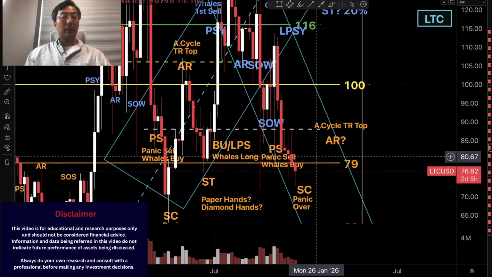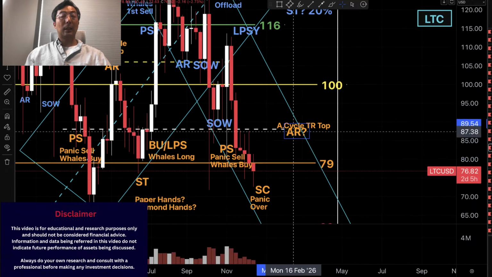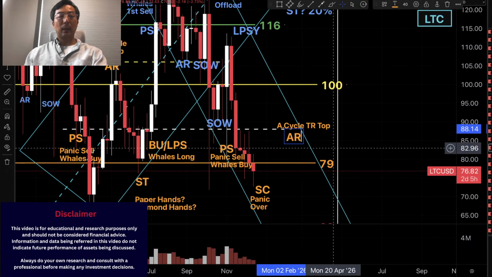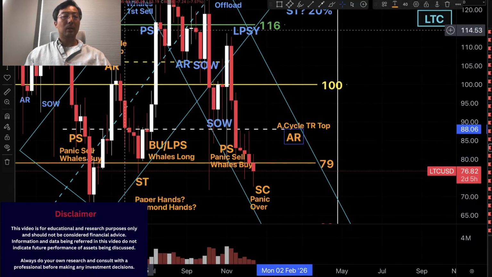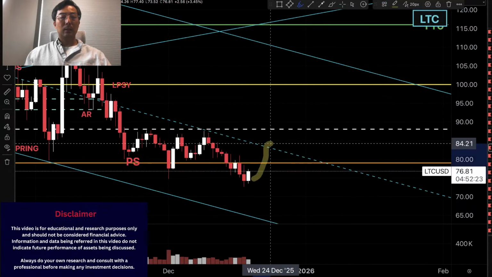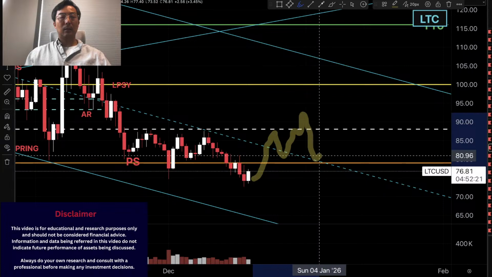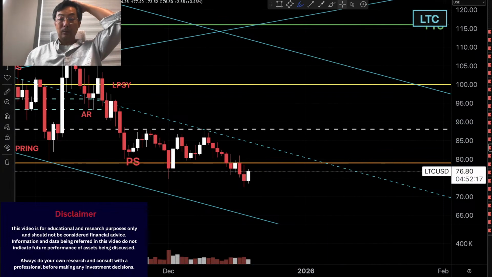Okay, so it can repeat what it did again, start accumulating at this point. That's a possibility. So when that happens, if it really bounces up to the automatic rally from this point, then in the daily chart we will see something like this. Alright, that's possible, just to let you know.